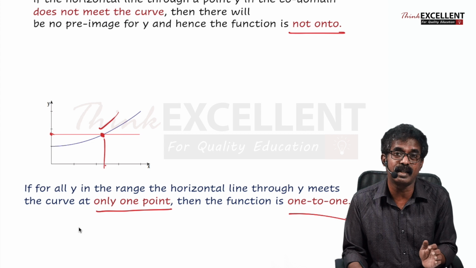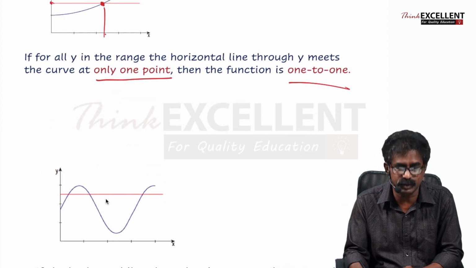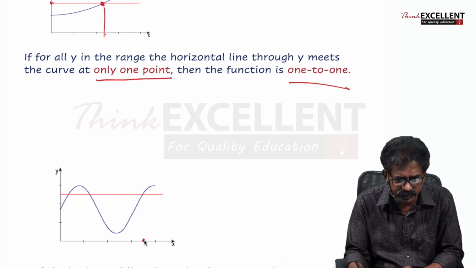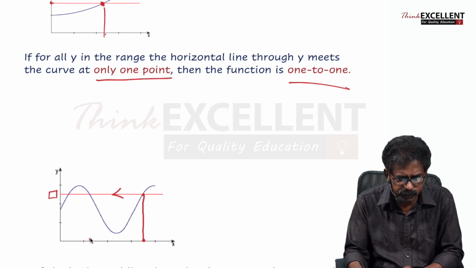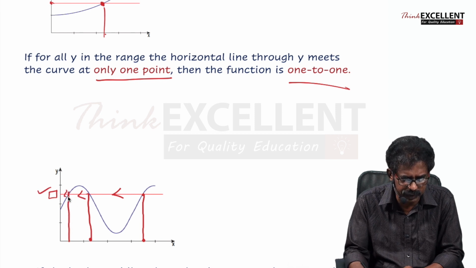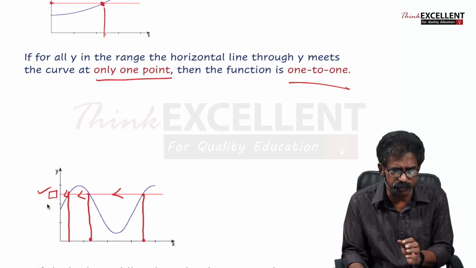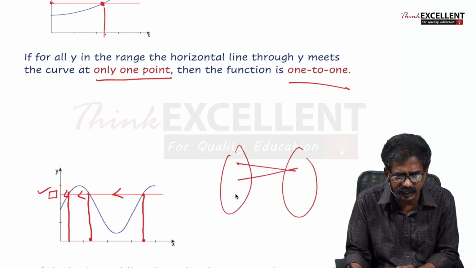Suppose the horizontal line cuts at more than one point. See, listen. Here the horizontal line cuts at more than one point. What's the meaning of this? For this point, the image is this one. And for this point also, the image is the same. For this point also, the image is the same. So more elements have the same image.